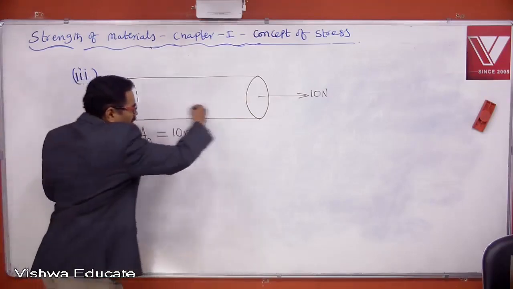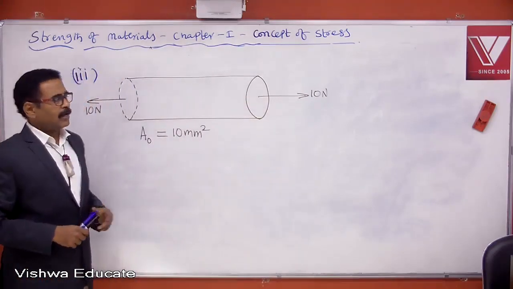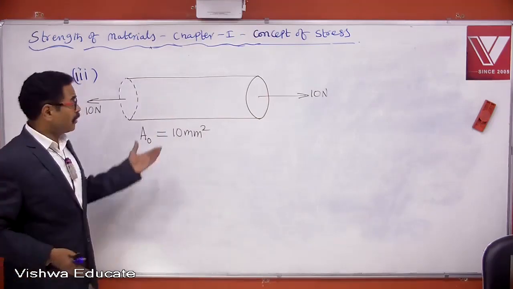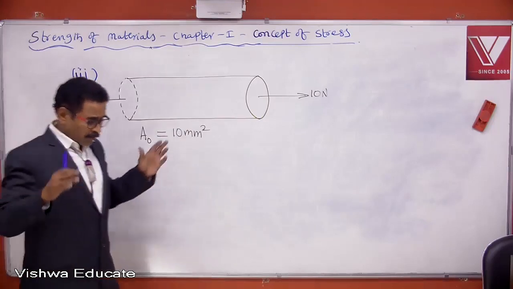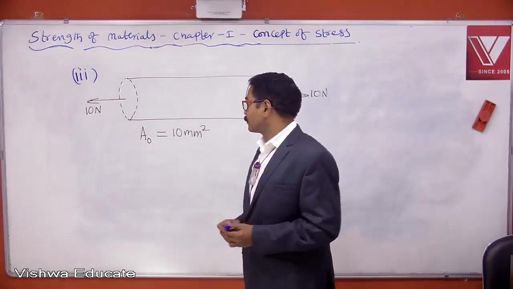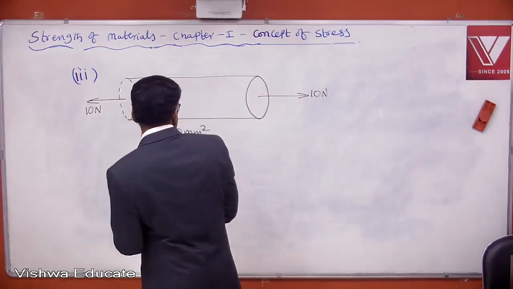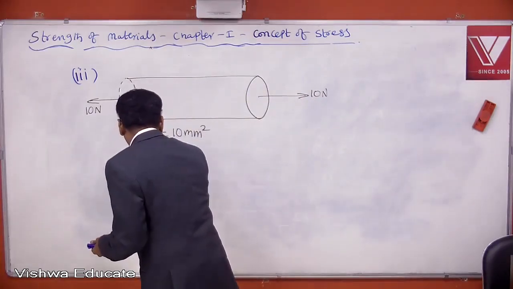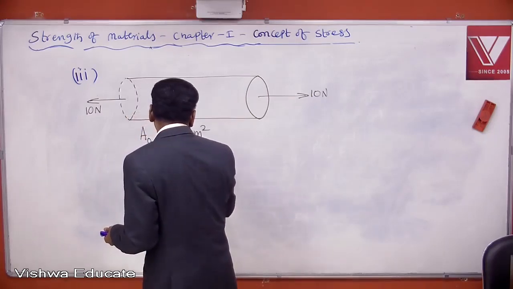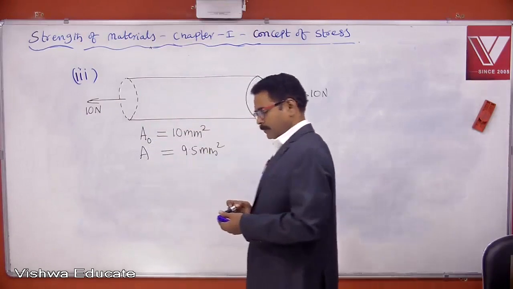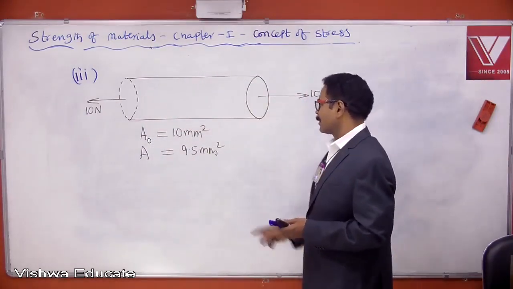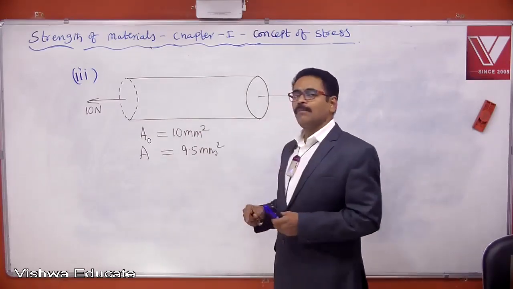When you apply this tensile force of 10 newtons, definitely the length of this bar will increase. When length increases, what will happen to cross-section? Area of cross-section will decrease. So after application of 10 newtons force, area of cross-section has become maybe 9.5 millimeter square. Listen carefully. Before application of this load, area of cross-section is 10 millimeter square.